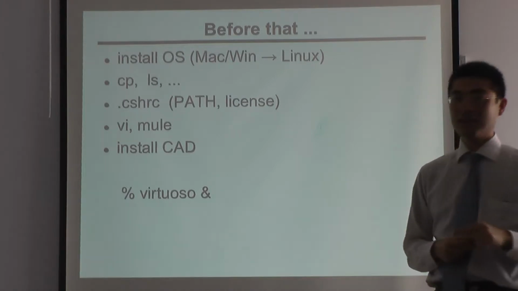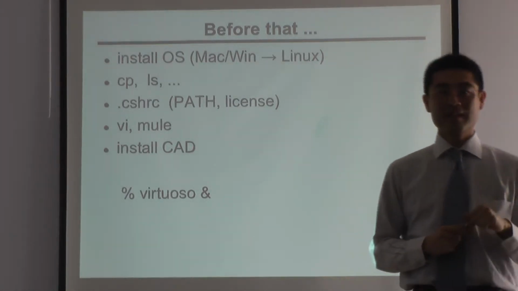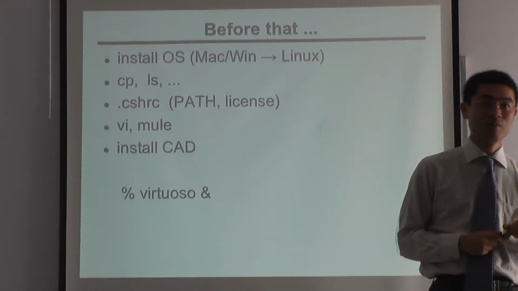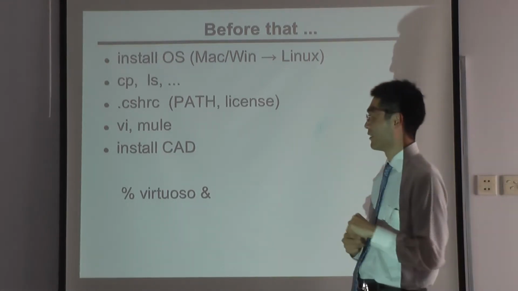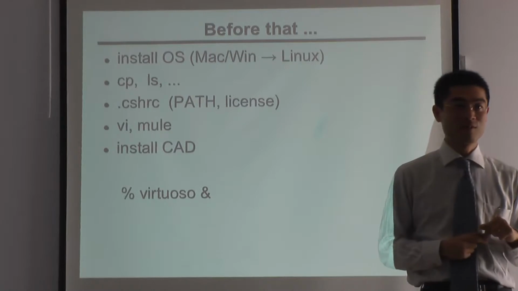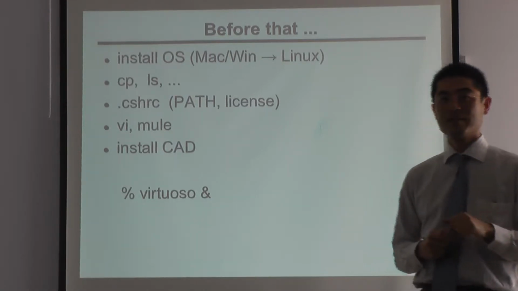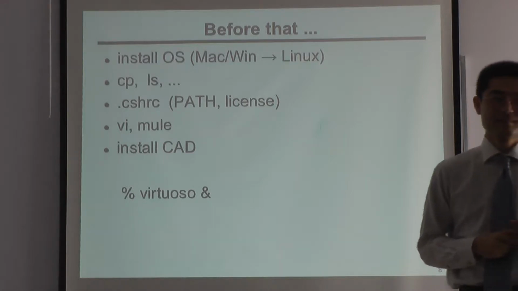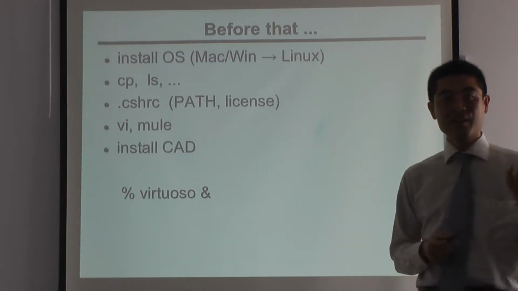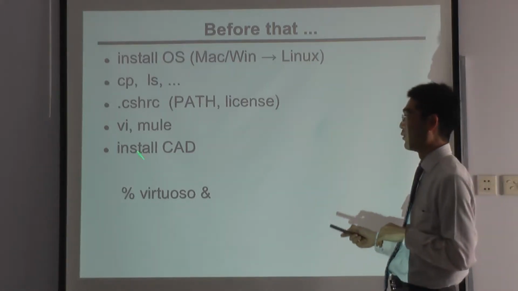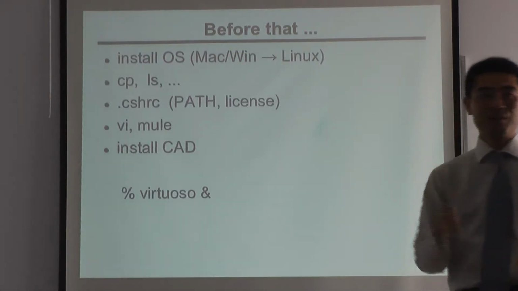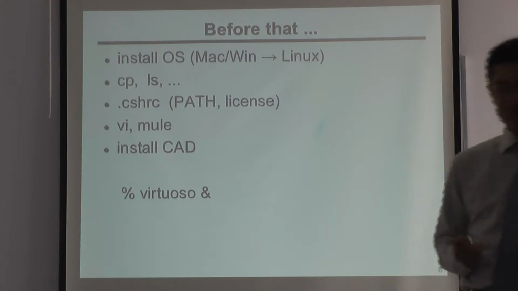And you set .cshrc. You get used to vi or Emacs text editors, and install CAD tools, and it takes about a week. And finally, after 1 week of struggle with these things, you can finally input Verilog and run it. It takes 1 week.